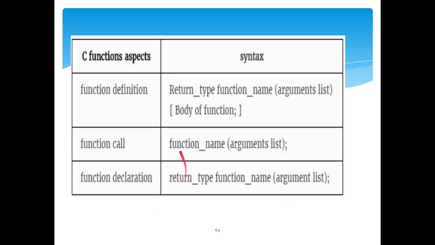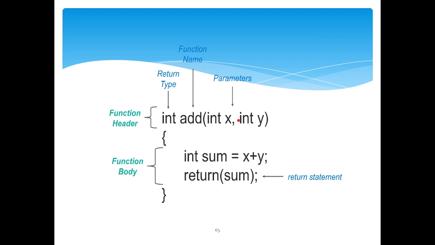You can check here, right? Return type and having braces. This is the function definition. The definition is: int sum equal to whatever the arguments you have given, add them and return that sum. Why have we written return sum here? Because whenever the function definition is written, there might be some function call.